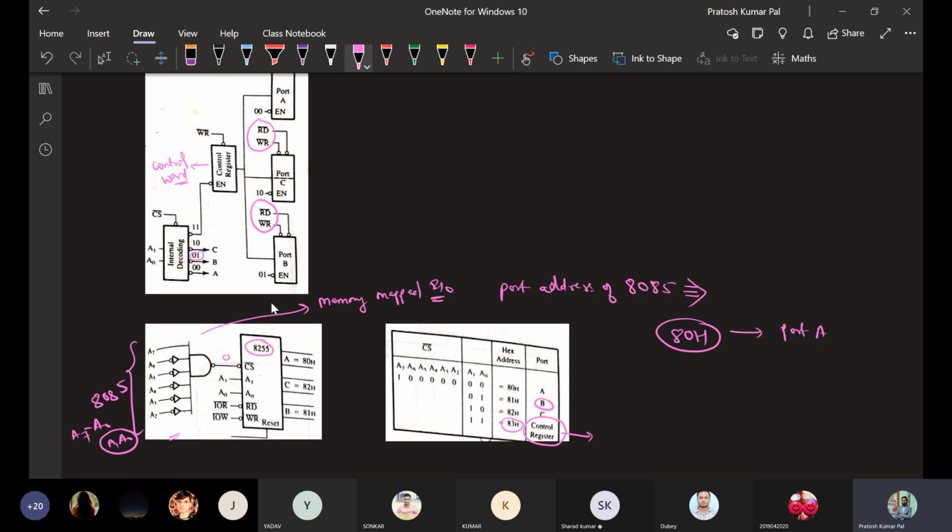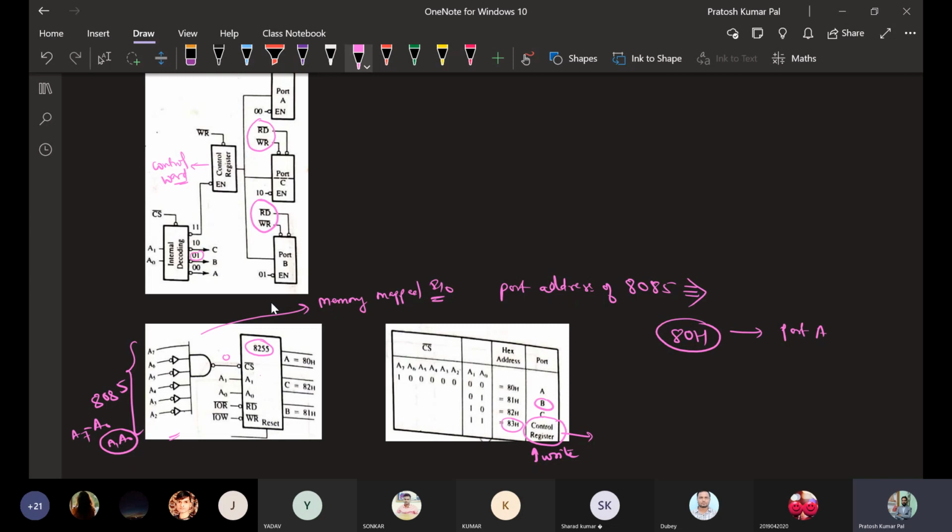So the microprocessor only wants to write data into this. It will be required to write any data to the control register, but there is no need to read data from it.